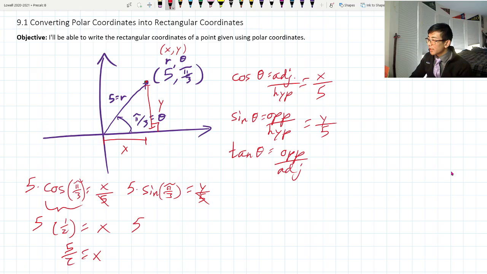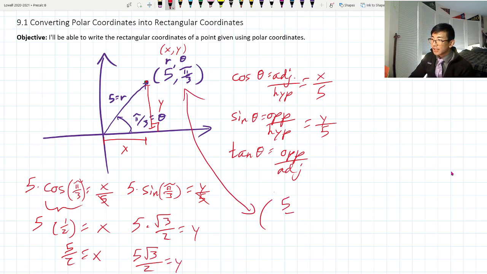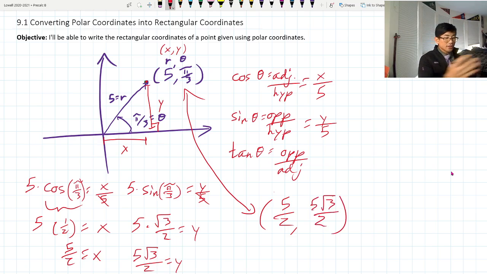So it's 5 times root 3 over 2 equals y. And so that's what the coordinates at that point are. This point in polar coordinates is the same thing as 5 halves comma 5 root 3 over 2 in rectangular coordinates. So you could either start from the origin, swing out pi over 3, walk out 5, or you could go off to the right 5 halves, and go straight up 5 root 3 over 2.